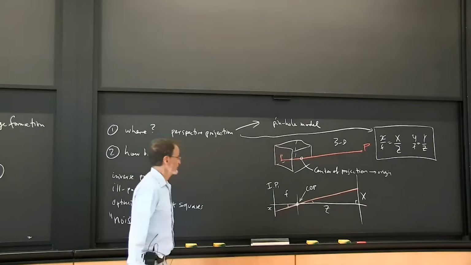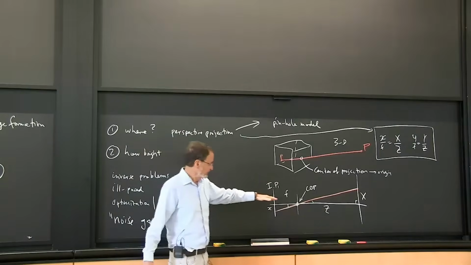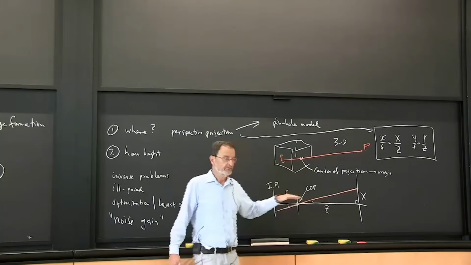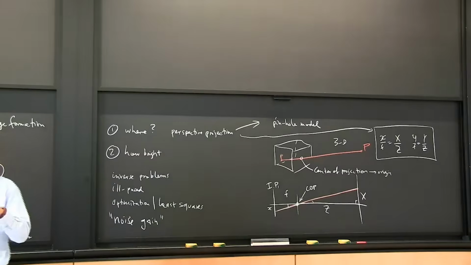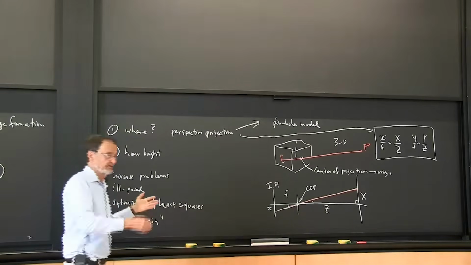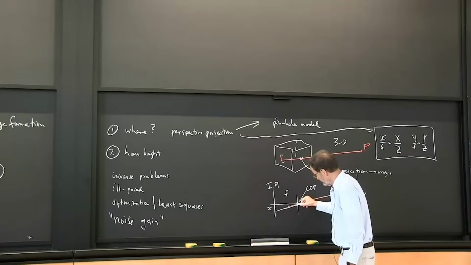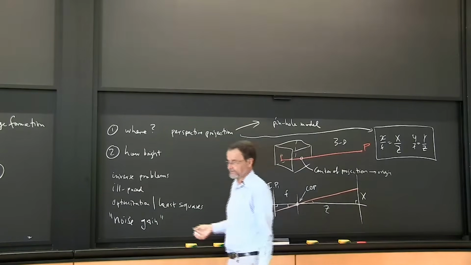Okay, so we did two things. One was we put the origin at the center of projection, and the other one is we lined up the axes with the optical axis. So what's the optical axis? Well, a lens has a cylindrical symmetry, so the cylinder has an axis, but there's no lens here. What we can do is look at where a perpendicular drop from the center of projection onto the image plane strikes the image plane.